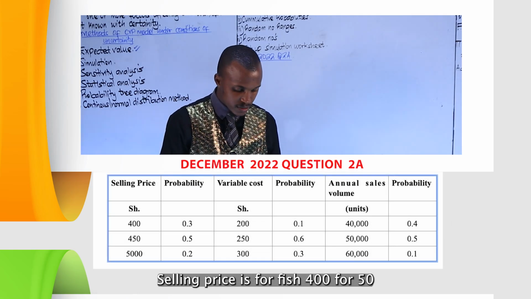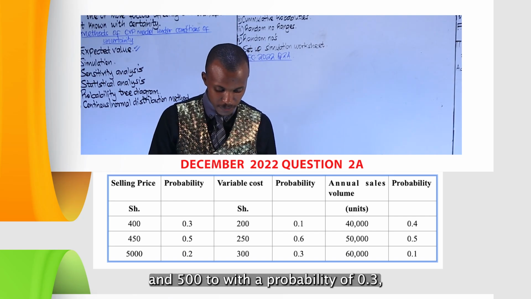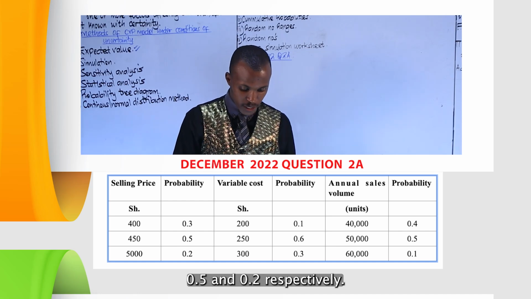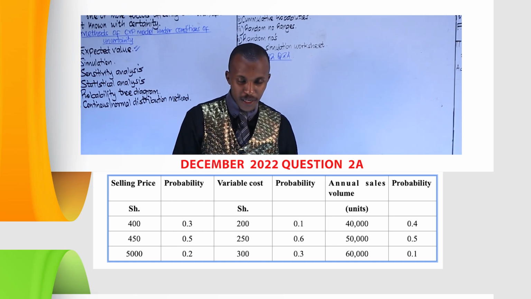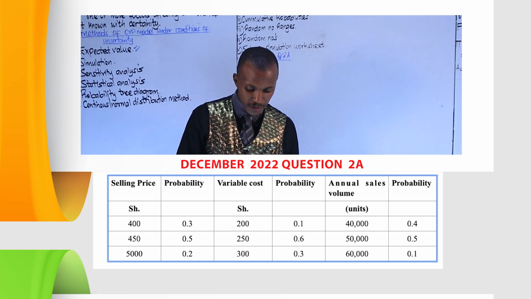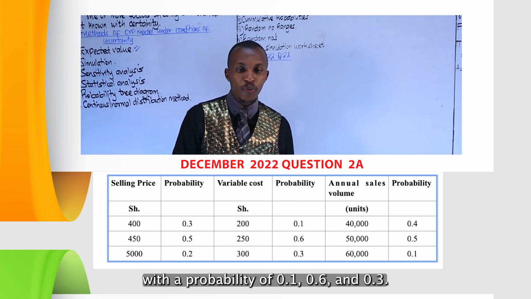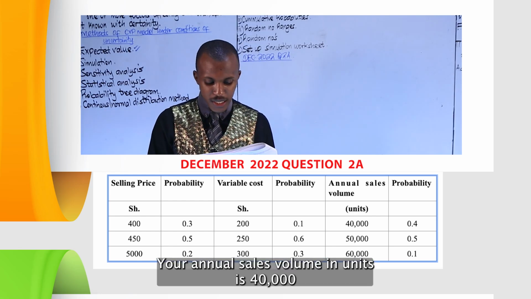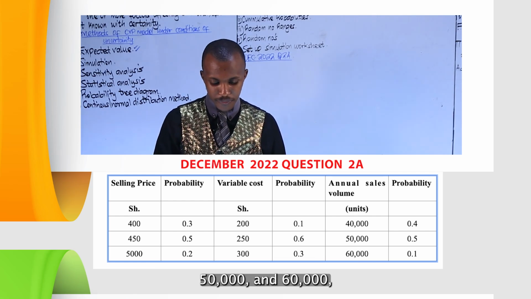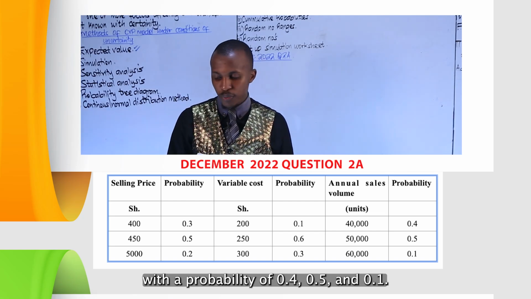Selling price is 400, 450, and 500 with a probability of 0.3, 0.5, and 0.2 respectively. Variable cost is 200, 250, and 300 with a probability of 0.1, 0.6, and 0.3. Annual sales volume in units is 40,000, 50,000, and 60,000 with a probability of 0.4, 0.5, and 0.1.